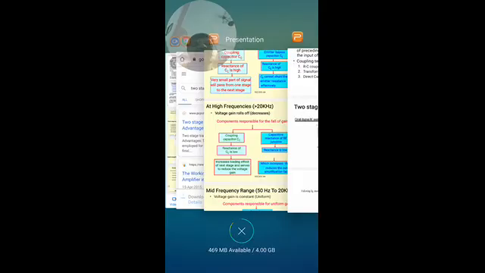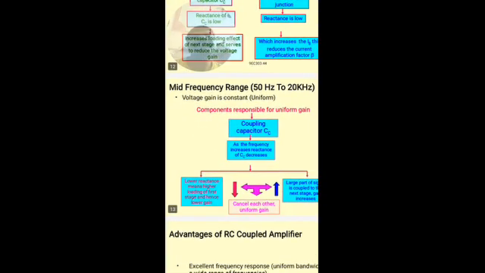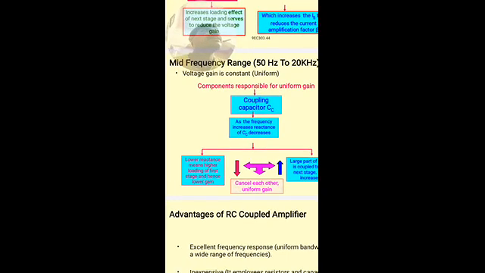And coming to why the gain remains constant in the mid frequency region. We have studied two effects: the gain decreases both at low frequency and at high frequency. Why, in the frequency response, have we observed that the gain remains constant in the mid frequency region?